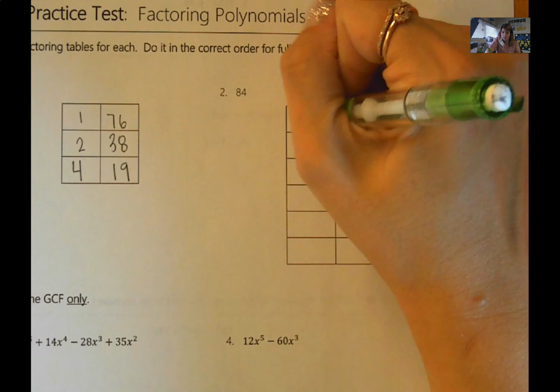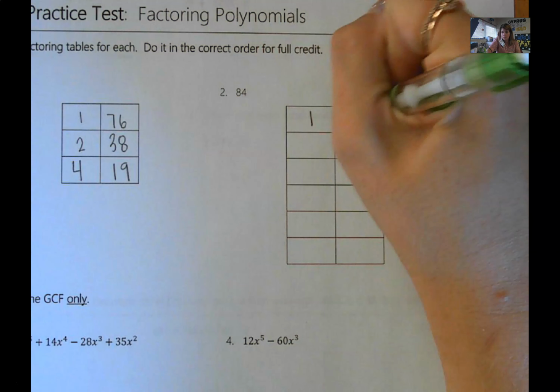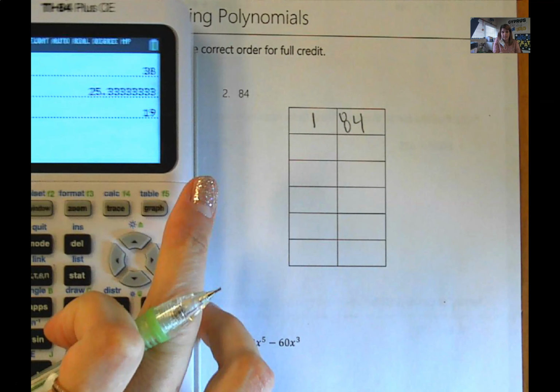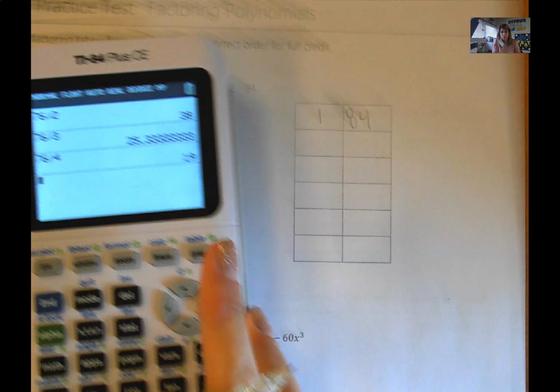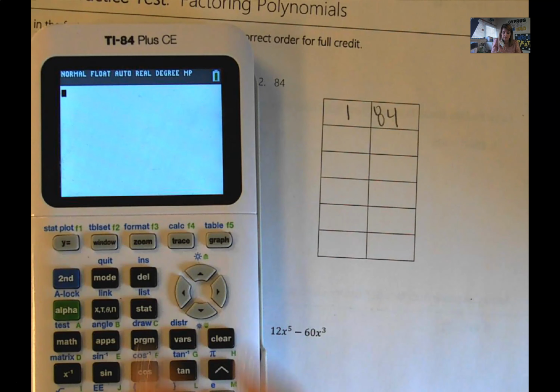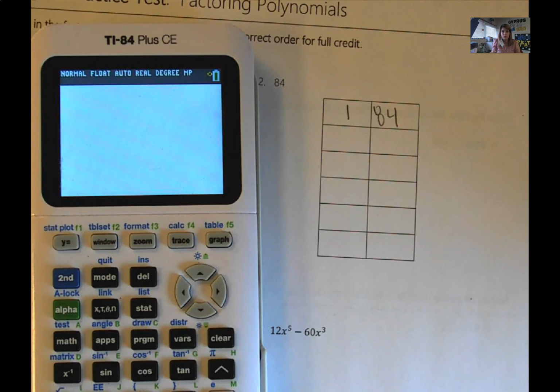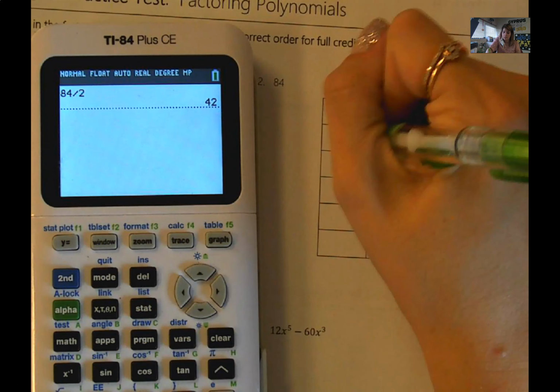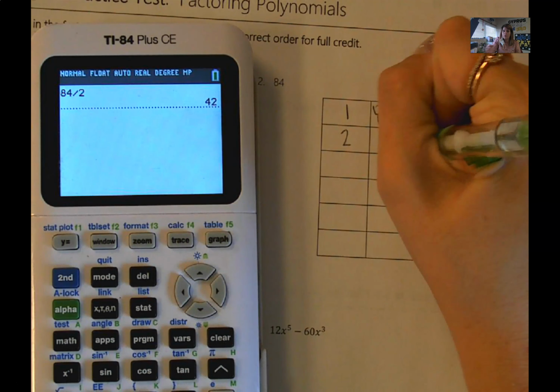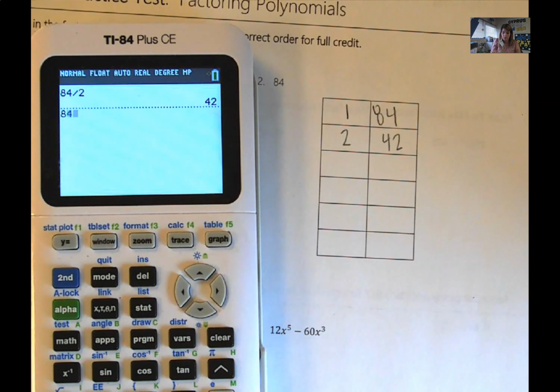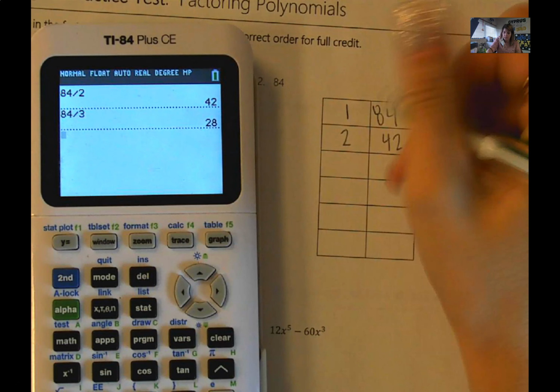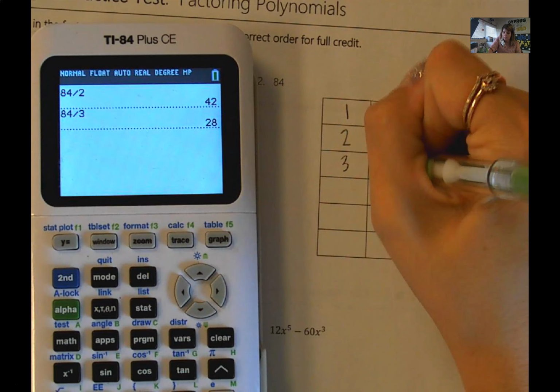We're going to do the same thing for 84. We start with 1 and 84. The next thing that we check is 2. So we do 84 divided by 2. That gives me 42, so I write 2 and 42. 84 divided by 3 gives me 3 and 28.